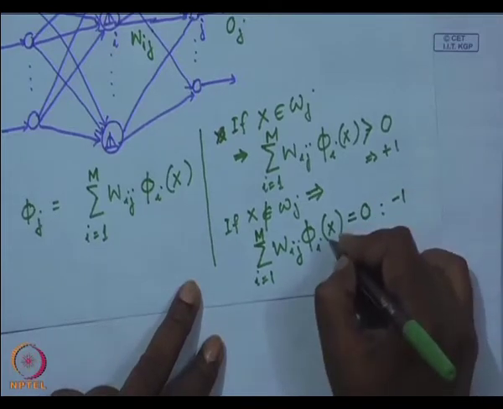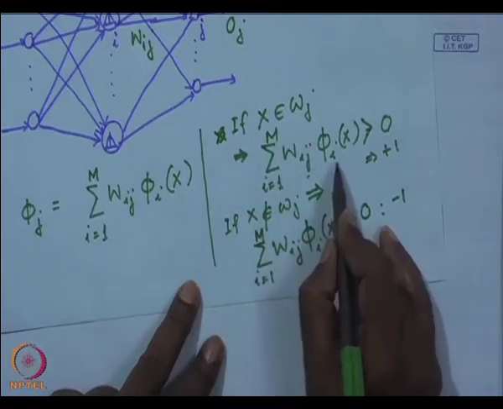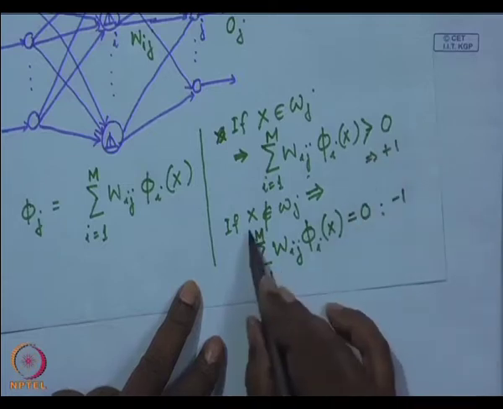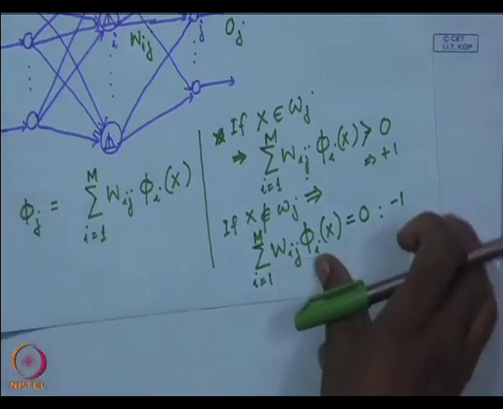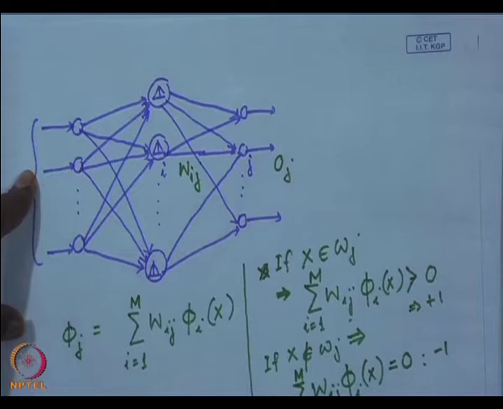So, let us assume that if x belongs to class omega j, the sum of W i j times phi i of x has to be equal to plus 1, and if x does not belong to omega j, this has to be 0, and that is what has to be the output from the jth node in the output layer.